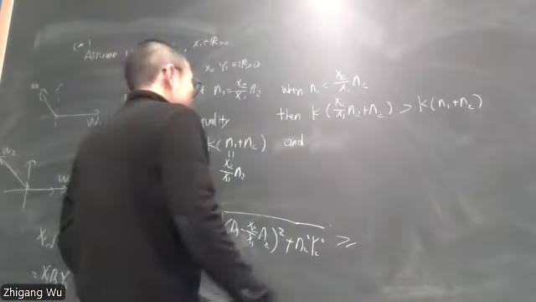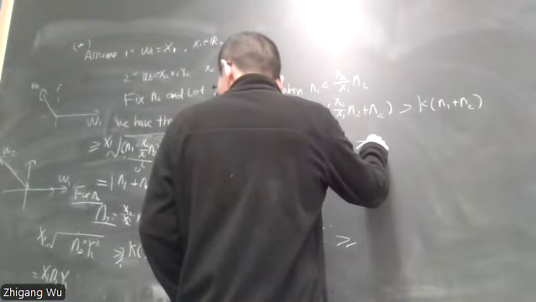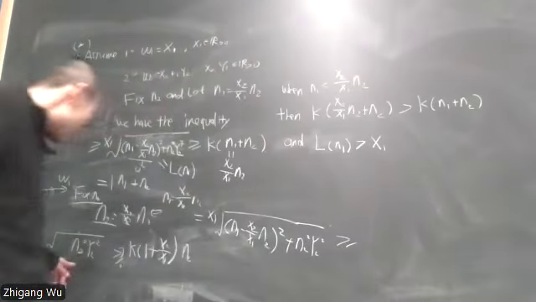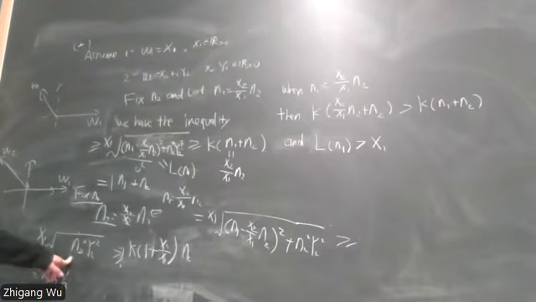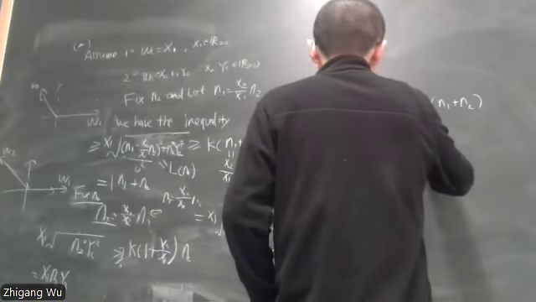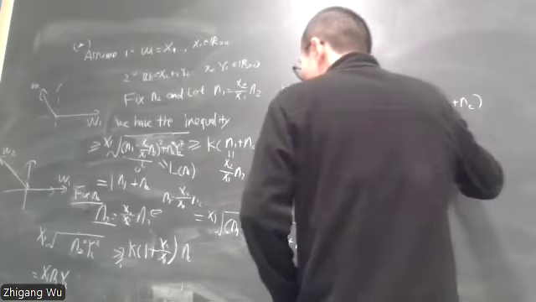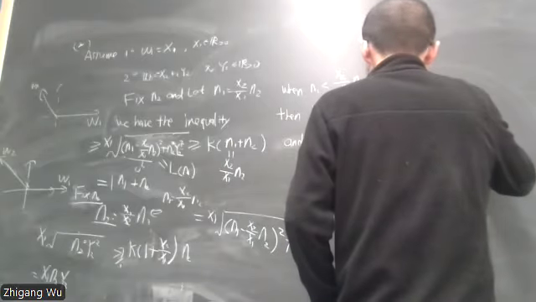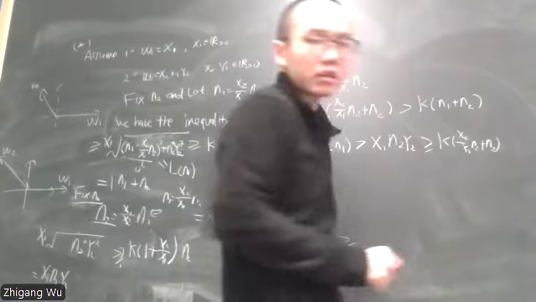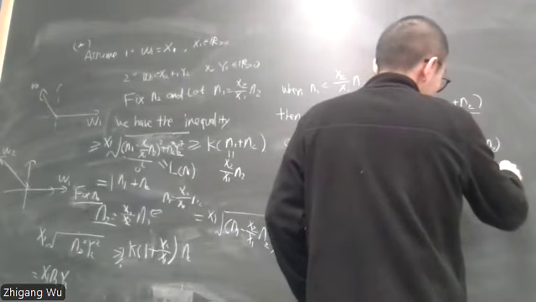And then this L of N1 is strictly bigger than this term here, X1 times N2 Y2, which is strictly bigger than, we show that this is bigger than or equal to this K times that. So which is bigger than this guy, right?